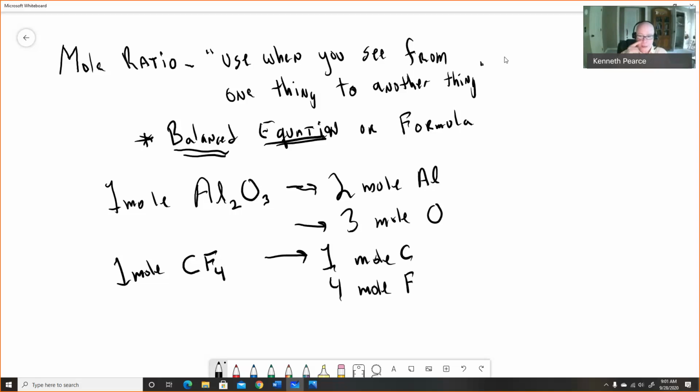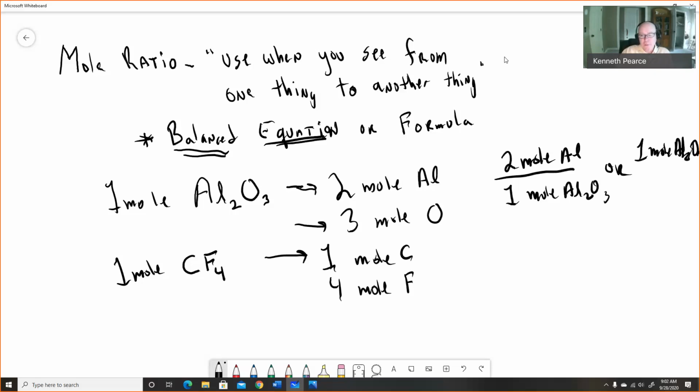Okay. And so we can write these relationships as conversion factors. We can say for every 2 mole aluminum, you have 1 mole aluminum oxide. And we can write it both ways. Remember, we can flip over any conversion factor and get the other one. And why would we do that?